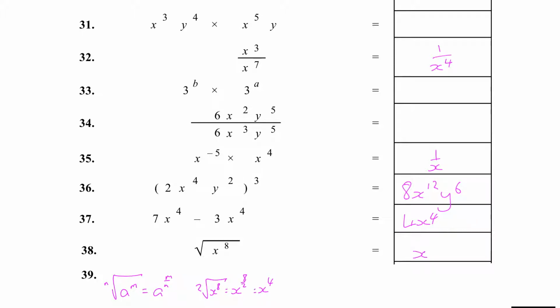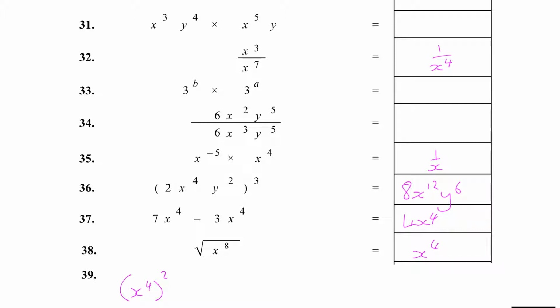Great stuff, x to the 4. But let's now look at it in another way and say the square root of x to the 8. In other words, what when you multiply it by itself gives you x to the 8? So what when we square it gives us x to the 8? Well, what times 2 would give us 8? Well, 4 times 2 gives us 8.